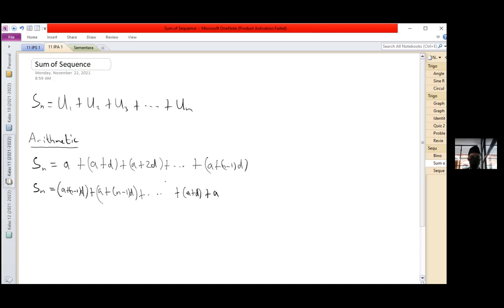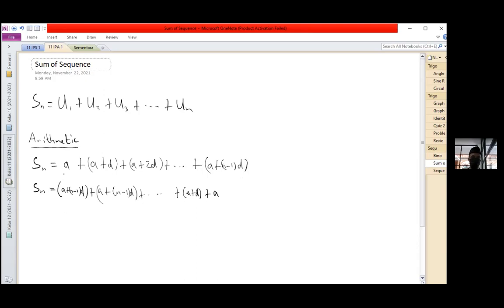What we did was just rewrite and change the order of the addition, starting with the last one and going back until the first one.